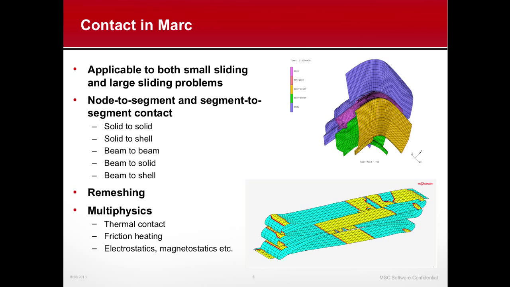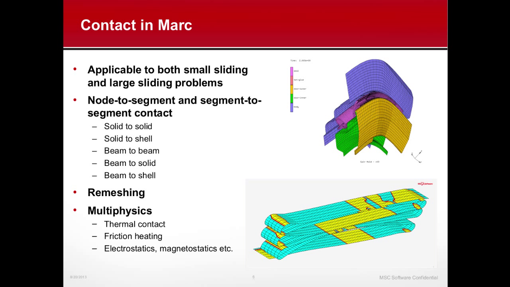And as I mentioned earlier, both the node-to-segment and segment-to-segment capabilities are quite general implementations in Marc, such that they are applicable to both small sliding and large sliding problems, and also large deformations as well. And more importantly, Marc reduces the amount of input that the user needs to provide and the amount of effort that the user needs to put in to create these models.